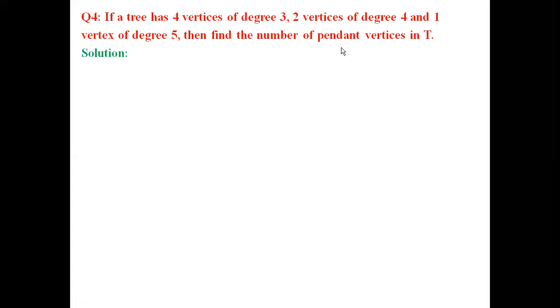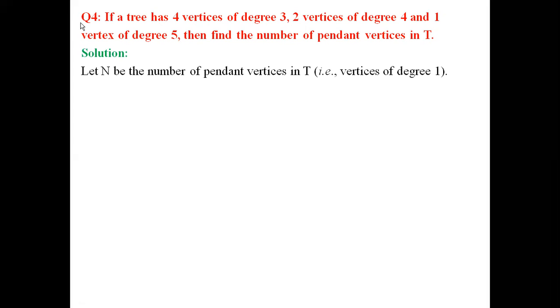So again, application of the handshaking property. So obviously there will be some number of pendant vertices in the tree T. Let us assume there are N pendant vertices in the tree T, whose degree is equal to 1.